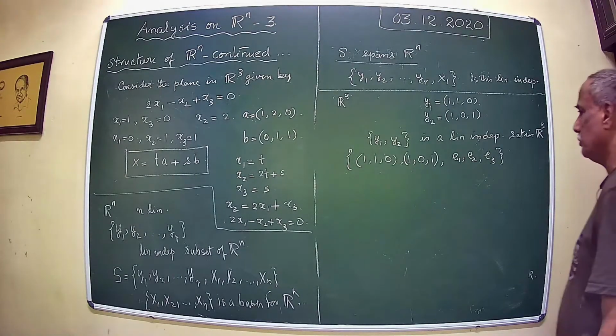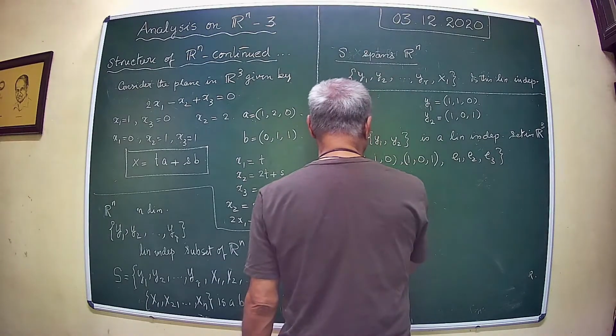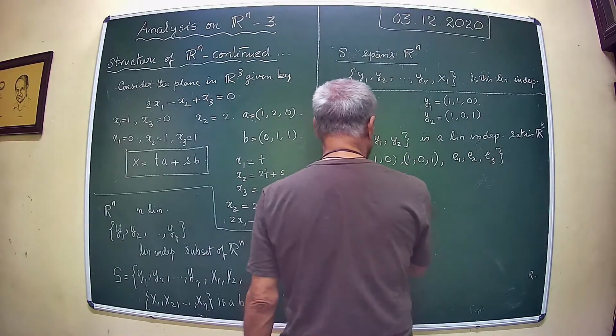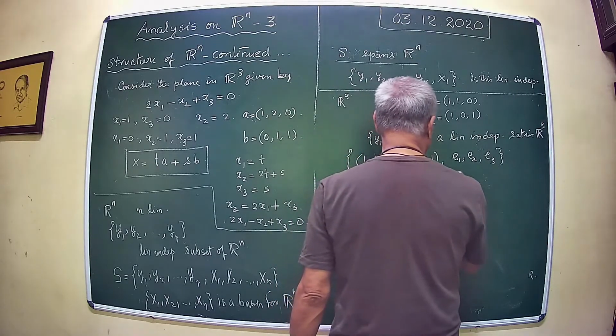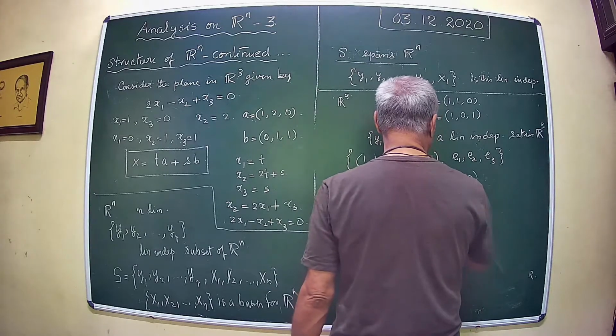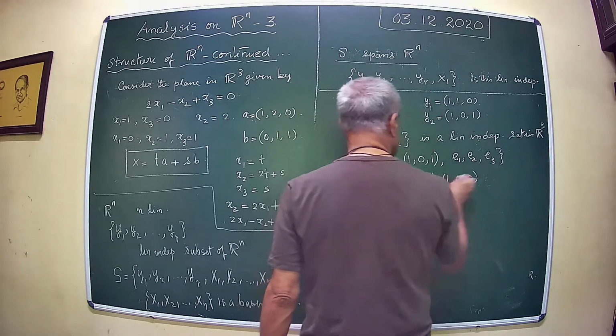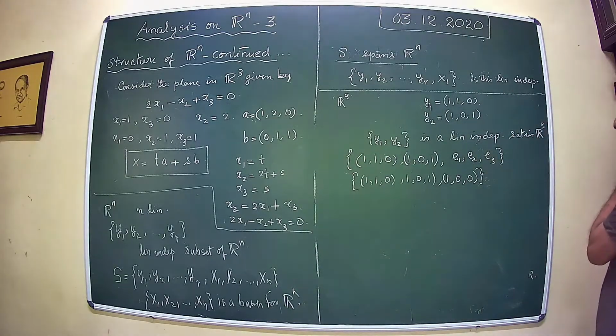Now what do you do? First check this: 1, 1, 0, 1, 0, 1, 1, 0, 0. Is this linearly independent? Let us investigate this.